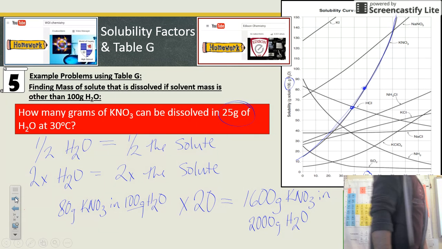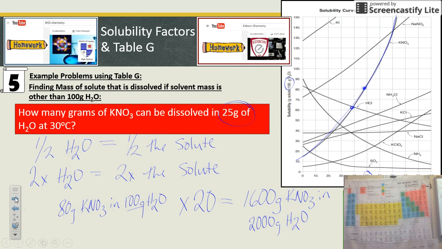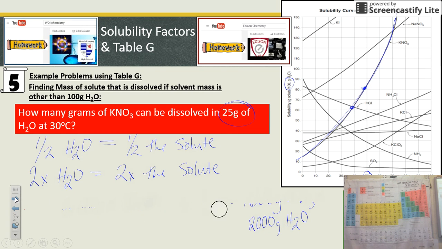How many grams of KNO3 can be dissolved in 25 grams of water? So 25 is 1/4 of 100, but we're going to use the same idea. We're going to halve it, or quarter it, or double it, or triple it. At 30 Celsius, we've got KNO3.